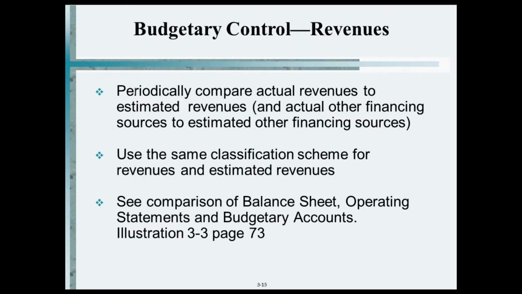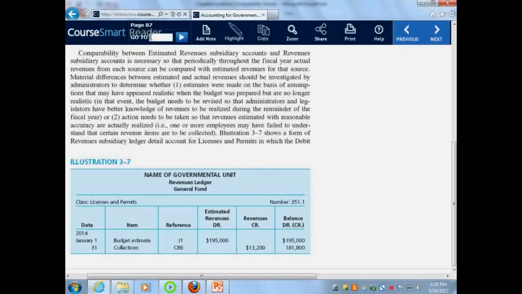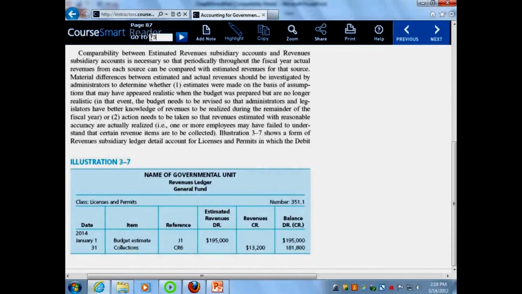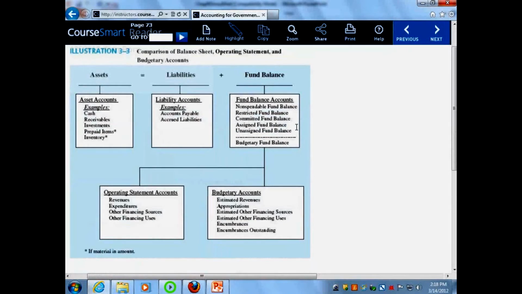And we talked about this. We need to compare from time to time actual revenues to estimated revenues, and same thing with the other financing sources. What you see on page 73 is a very nice chart of the different sets of accounts.